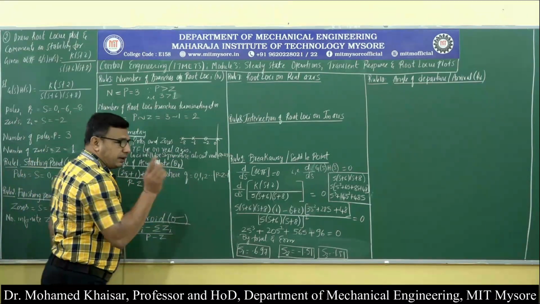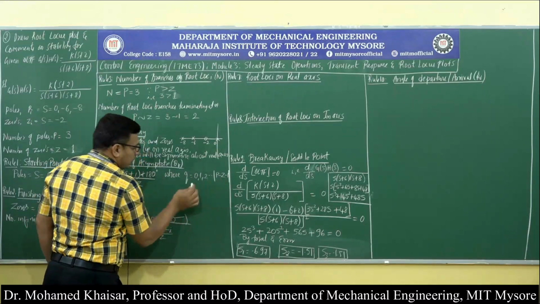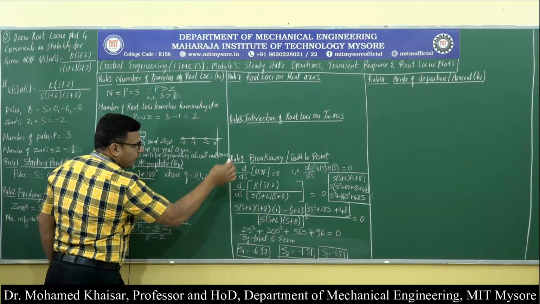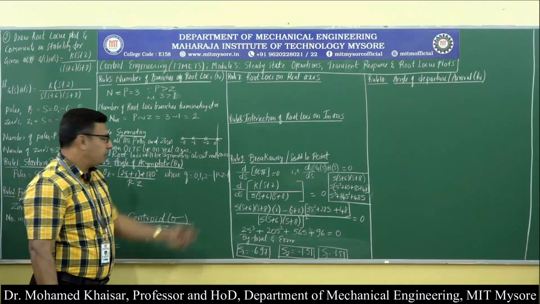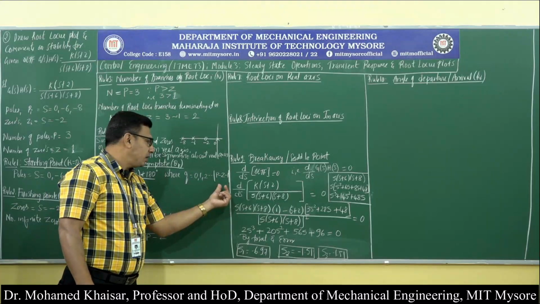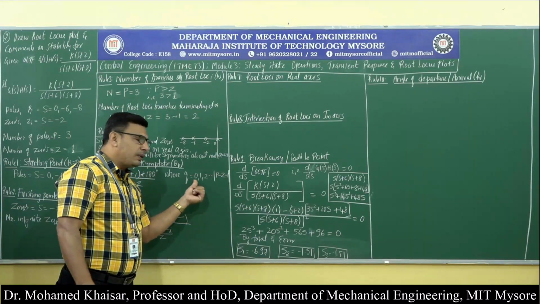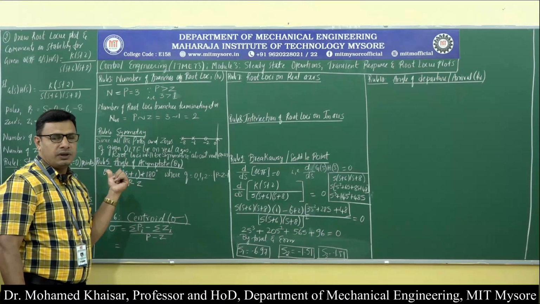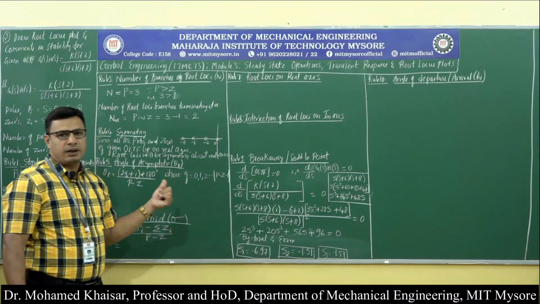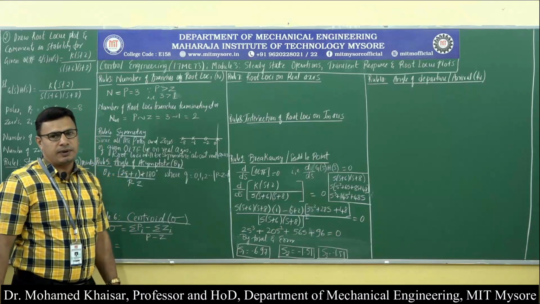One thing is to be remembered: it is up to the modulus of p minus z minus 1. You cannot take only the single value within the modulus. You have to start from q equal to 0 and calculate theta 0, then q equal to 1 and calculate theta 1. As such, you go up till the modulus of p minus z minus 1.